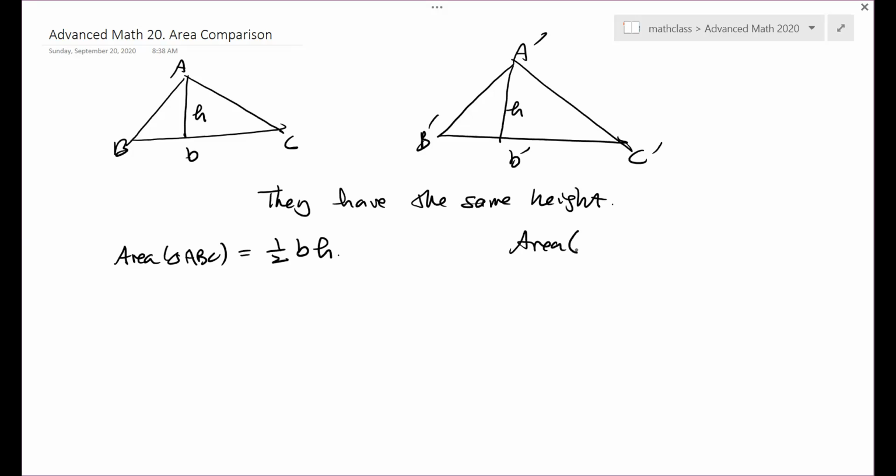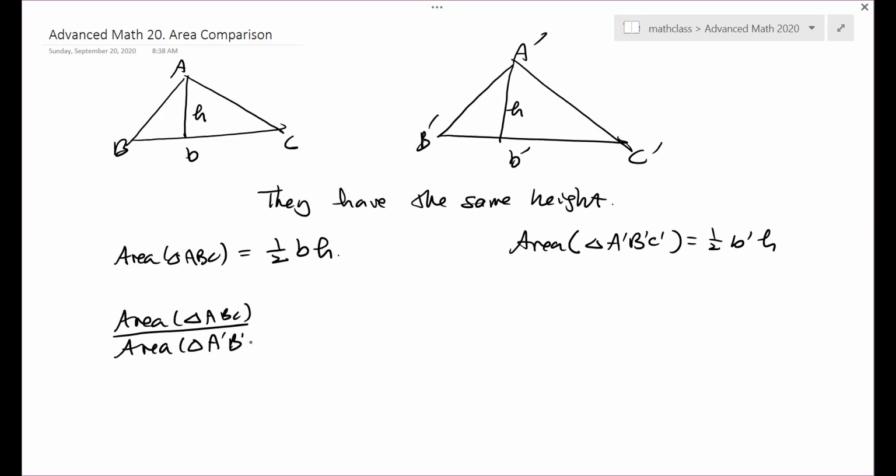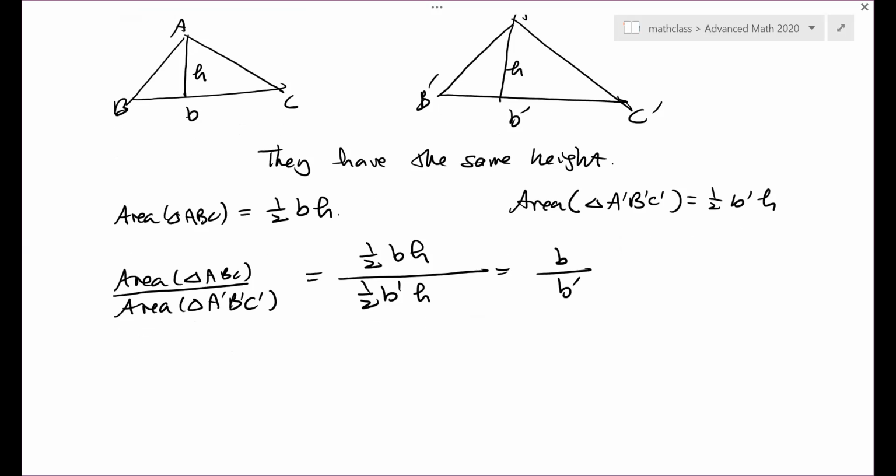The same is true here: half of B prime times H, so they have the same H. When you compare those two areas, one half is gone, H is gone, so it's just equal to the ratio of their bases, the lengths of the bases. This is a pretty interesting formula.